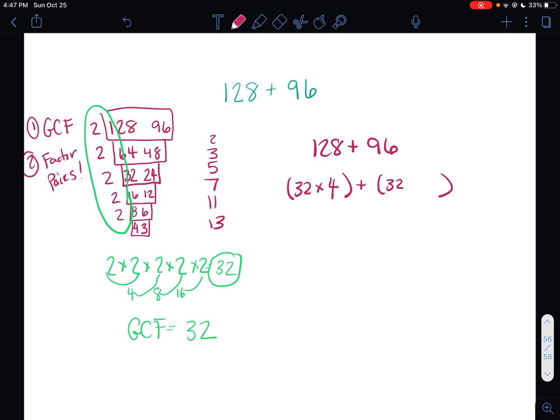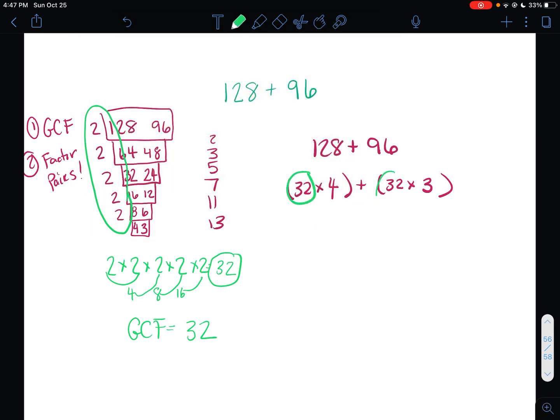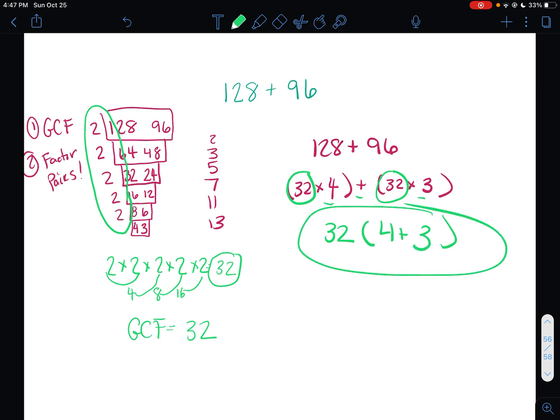And then 32 times something is going to give me 96, which is 3. Then next you want to factor out your greatest common factor, which is 32. And whatever is left, 4 plus 3, goes inside the parentheses. And there's your answer, 32 times 4 plus 3.